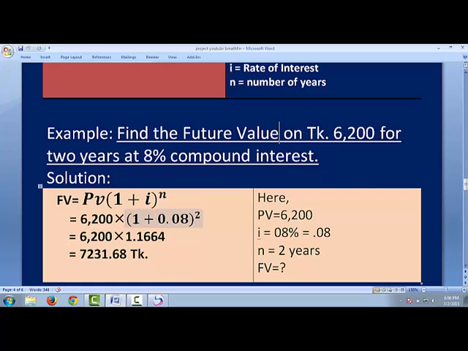So first of all we sum these two terms and then power by 2. The result is 1.1664, and now we multiply two terms, 6200 into 1.1664, and the result is 7231.68. If you deposit 6200 taka from now, after 2 years at 8% compound interest, you will get 7231.68 taka.